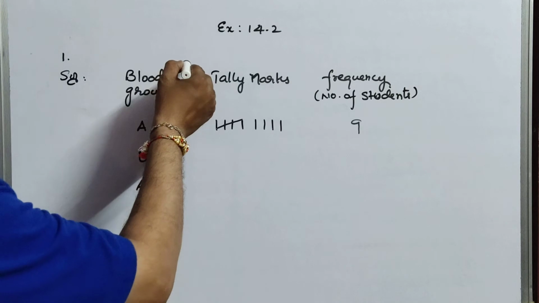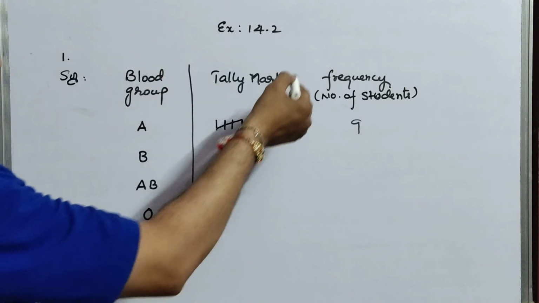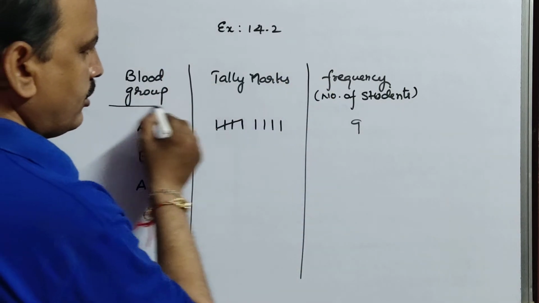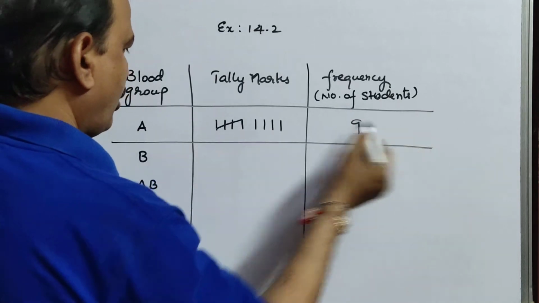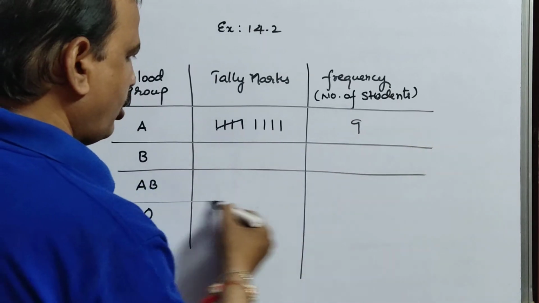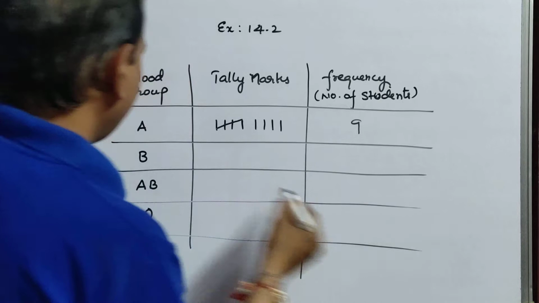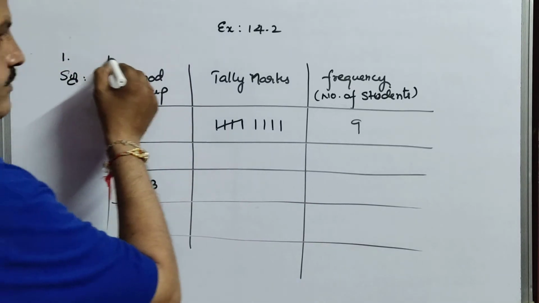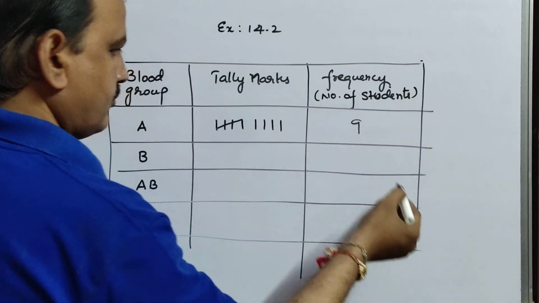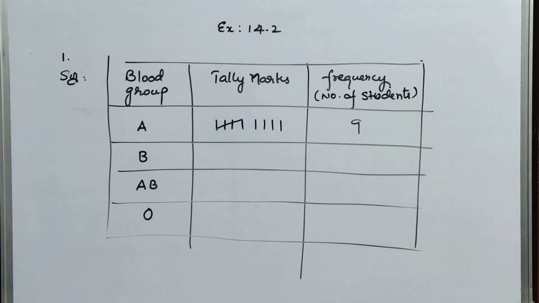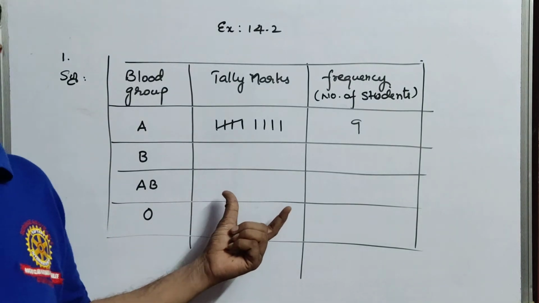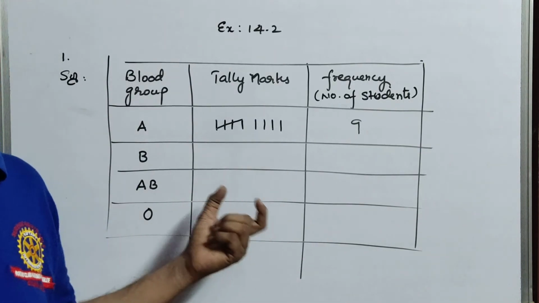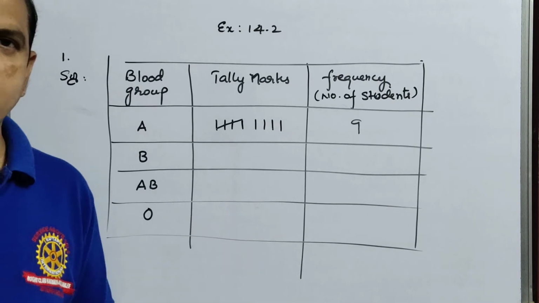And children, in classwork, draw the table like this, not with a free hand. Draw with a scale. You get marks for classwork or homework, like external marks.